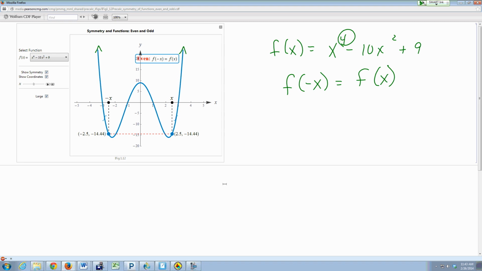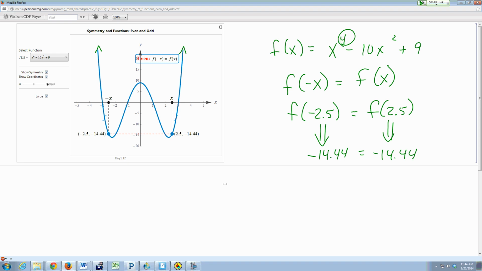So what that would look like is f of -2.5 is equal to f of 2.5, because both of these values are -14.44. They both have exactly the same output value, even though they're on opposite sides of the y-axis. That's what it would be like.